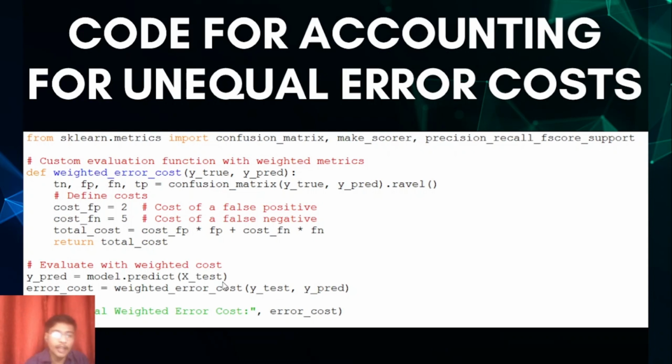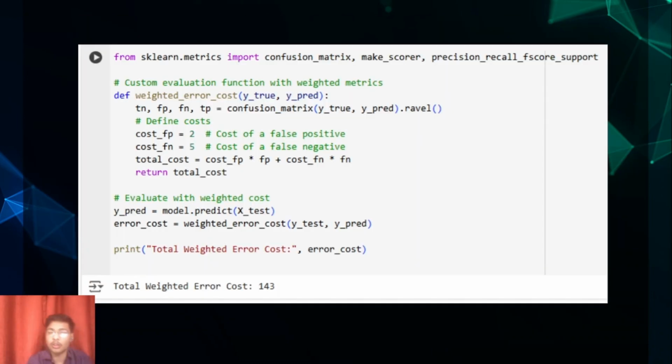With that we set the cost of a false positive and a false negative to 2 and 3 respectively. We get FP and FN from the confusion matrix, and we return the total cost, which in this model is 143. That is how we can get the error cost.